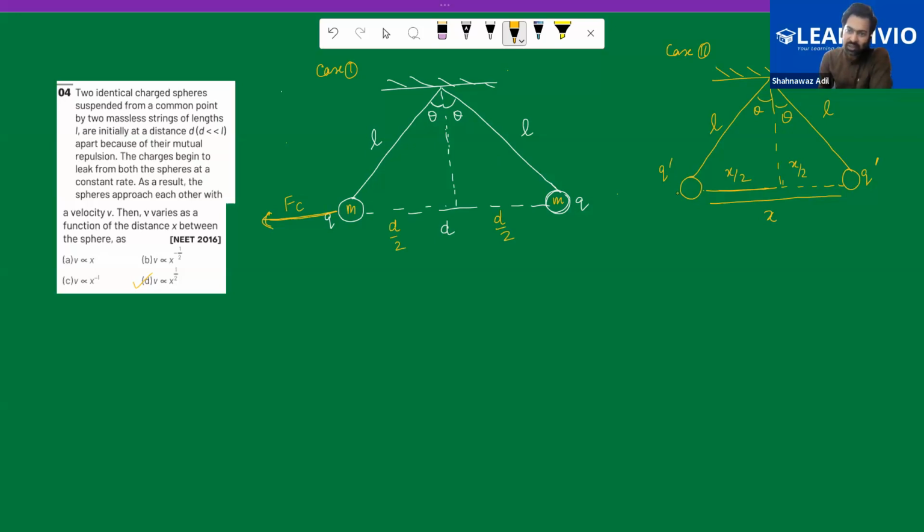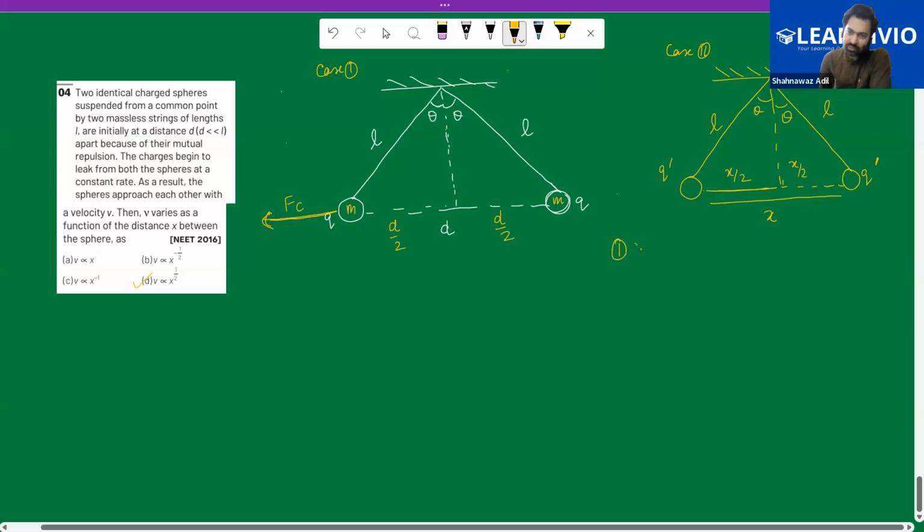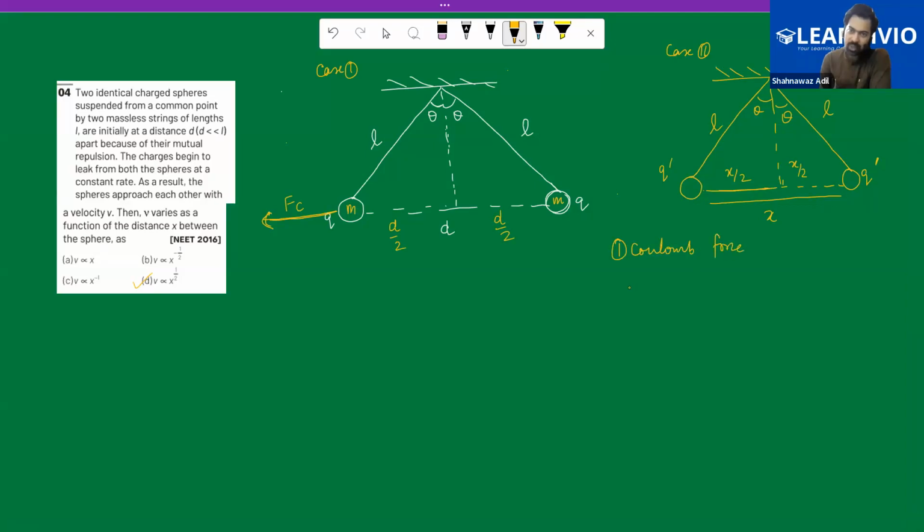There is the Coulomb force, and then there is this tension, and then there is this mg weight, and there is this gravitational force also. So there were actually four forces that we have to take into account.